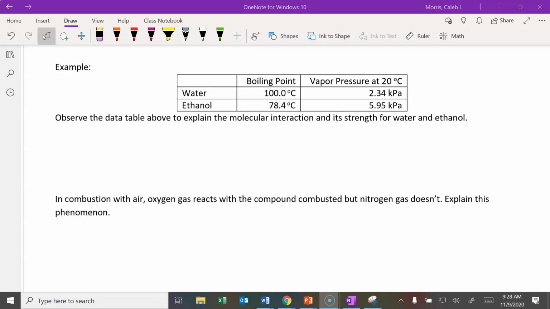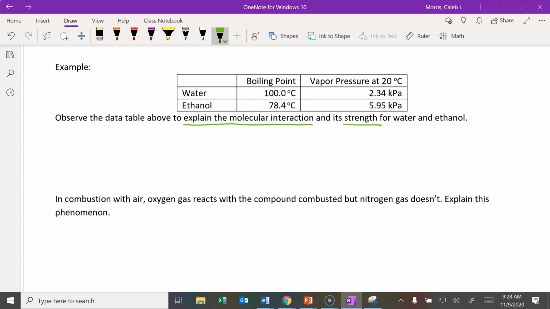Observe the data table above to explain the molecular interaction and its strength for water and ethanol. Okay, so water has a higher boiling point than ethanol and a lower vapor pressure than ethanol.